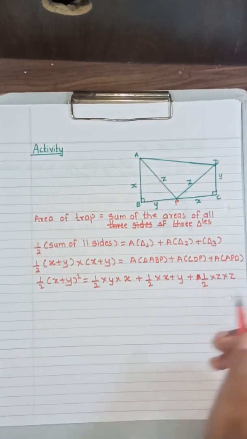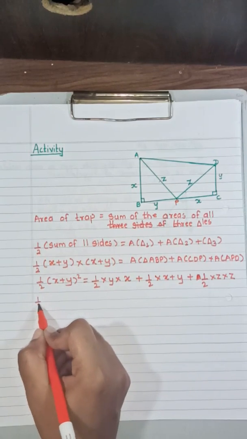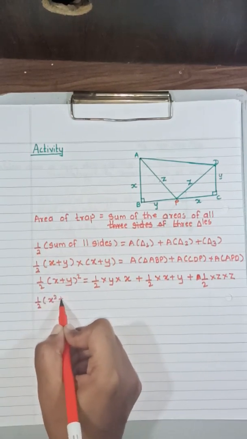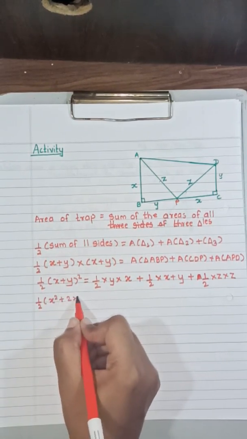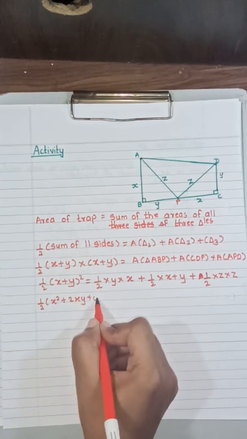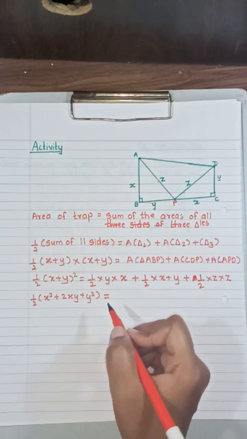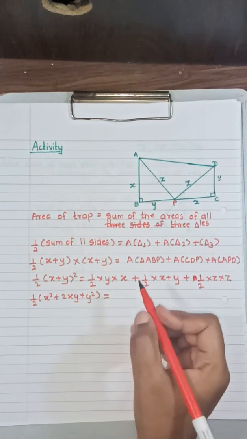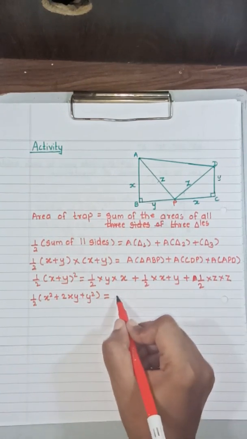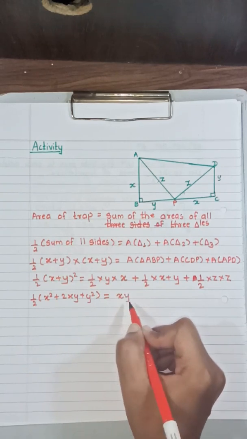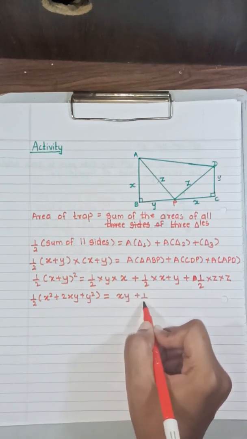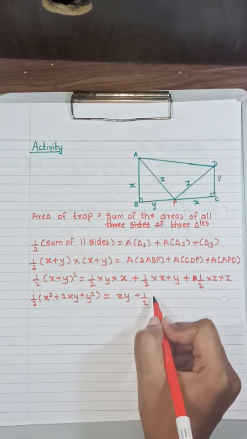Therefore half into x squared plus 2xy plus y squared is equal to xy plus half into z squared.